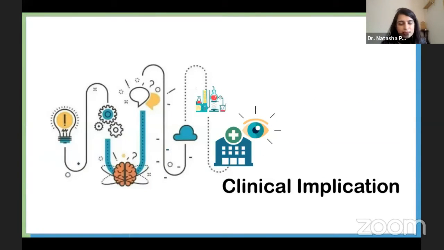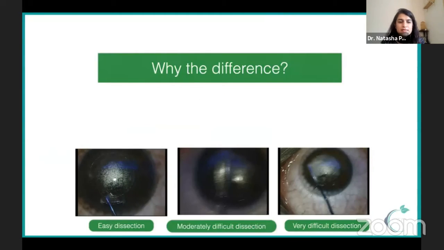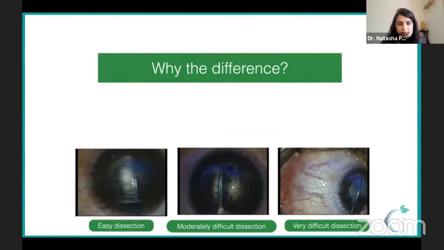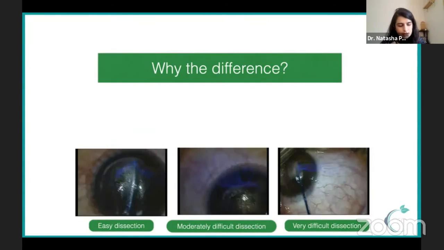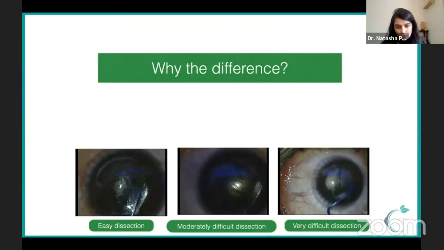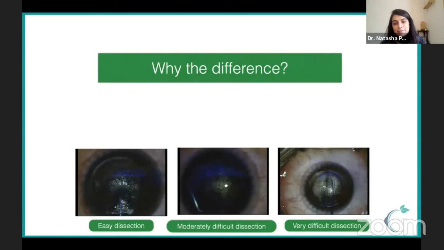Now let's come to how we actually apply this in the clinic today. Step one: when we started doing SMILE surgery, everybody said that SMILE is biomechanically more robust, as was already debated also by Dr. Sarbate.